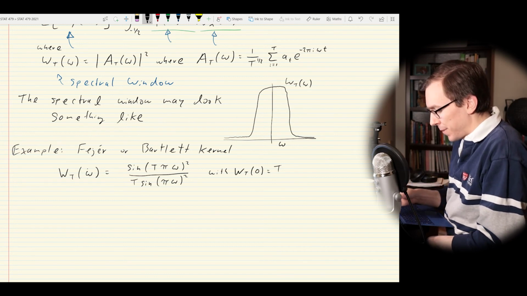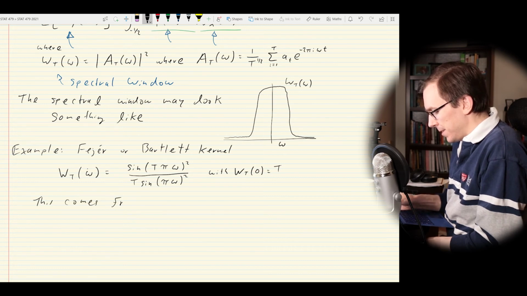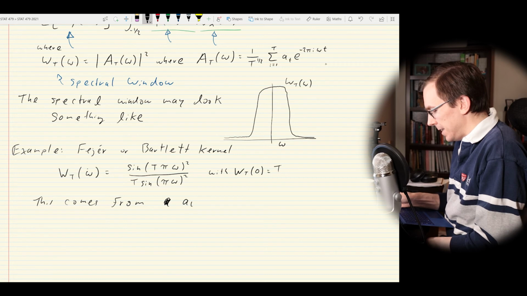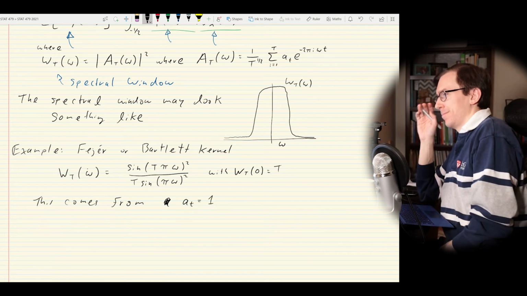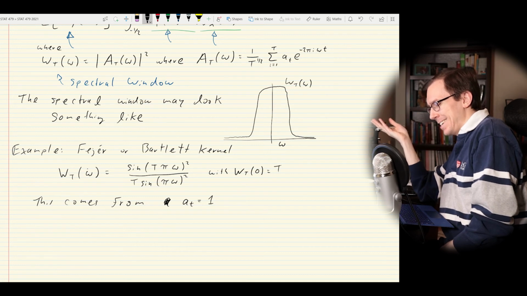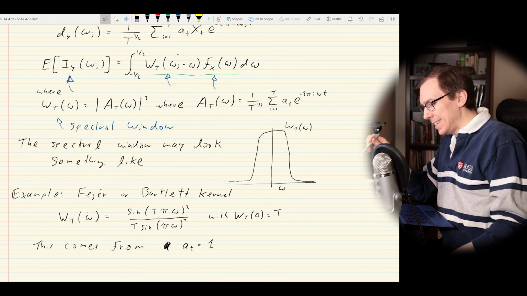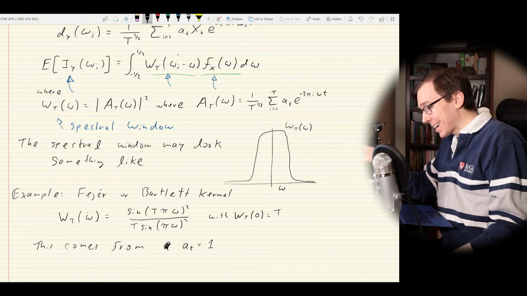All right, so what does this come from? This comes from a_t equal to 1. So this comes from, in some sense, nothing. The idea is that if I go back up here and set all the a_t equal to 1, I just get, in that case, y equal to x.